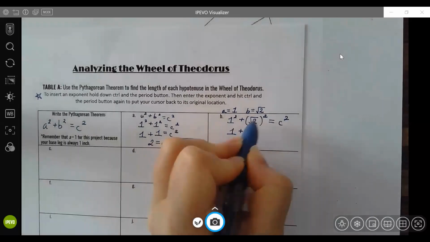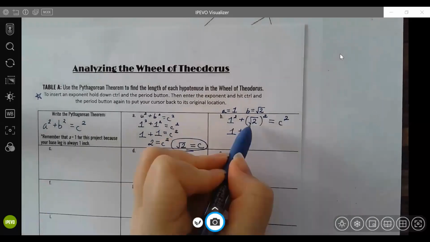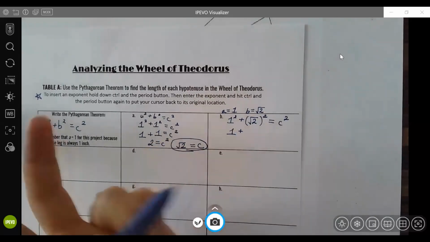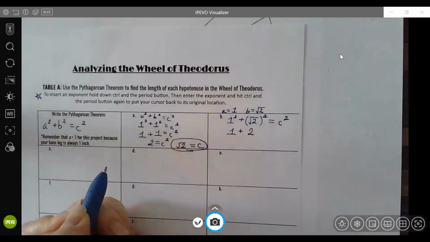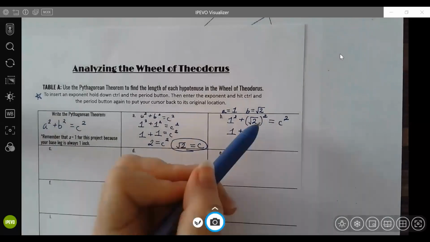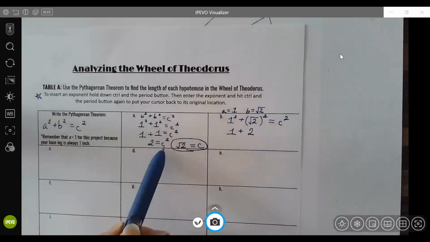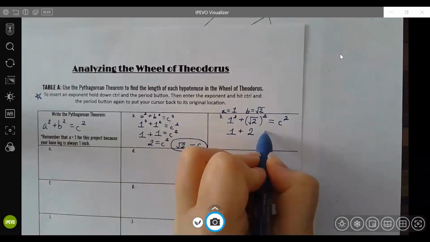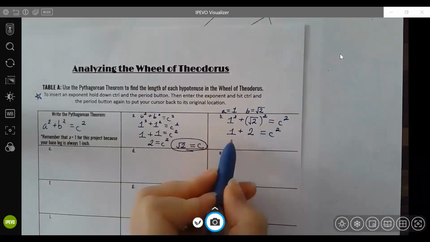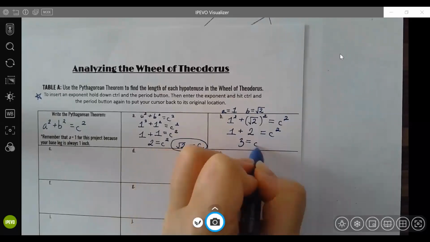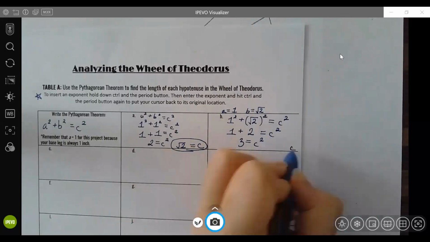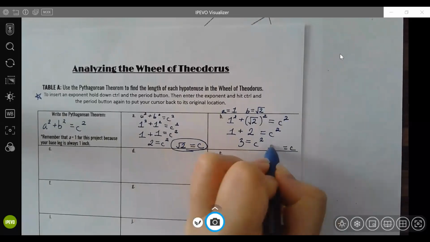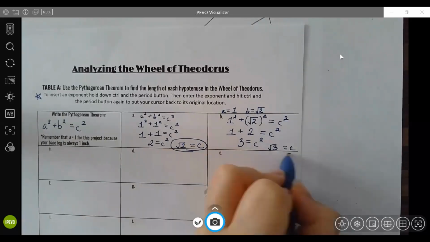Plus the square root of 2, and so if I take the square root of 2 and I square it, those are inverse operations, and so that's the same thing as just 2, right? I'm thinking of this as b squared. Well, then the variable squared equals 2. And now I have 1 plus 2, which is 3. 3 equals c squared. Again, I don't want c squared, that's not my length. I just want c, and so c is equivalent to the square root of 3.